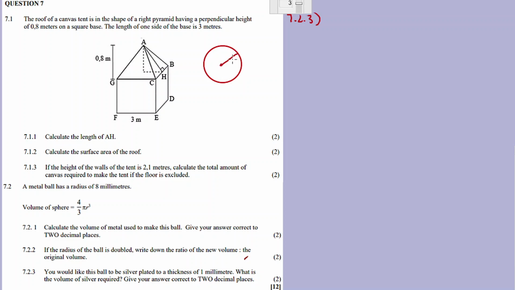Now we want to plate this ball with silver, but the thickness should be 1 millimeter.